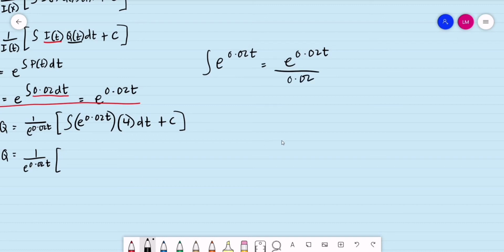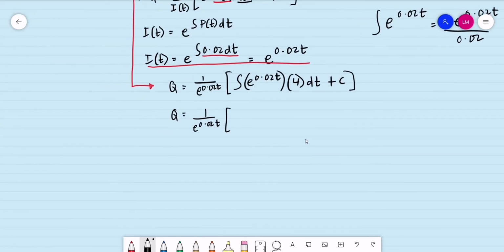Okay, that is the integral of that term. We may bring out this constant 4. So this is 4 to be multiplied by the integral of this term, e raised to 0.02t. Its integral is e raised to 0.02t divided by 0.02, plus the arbitrary constant c.